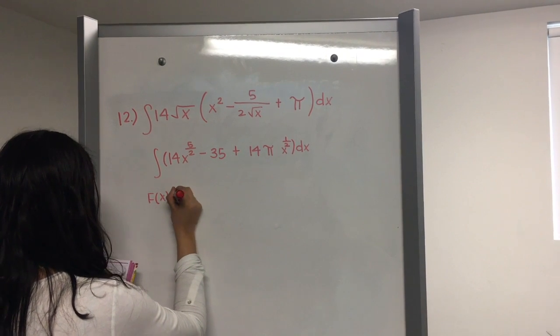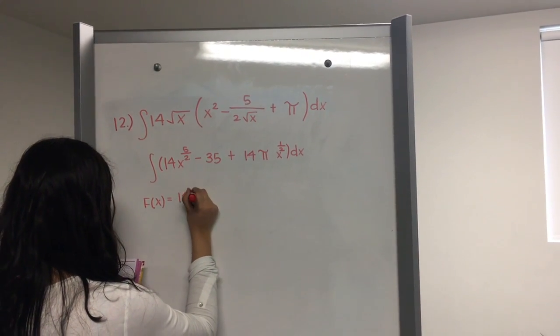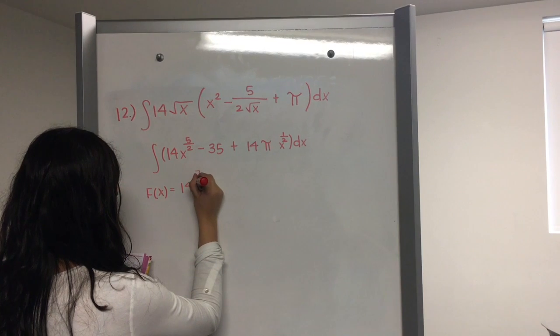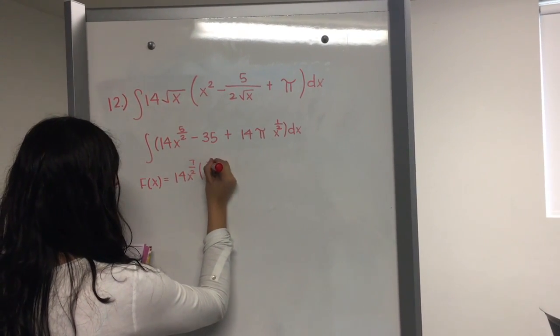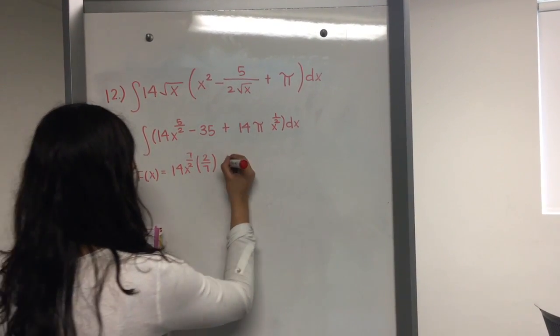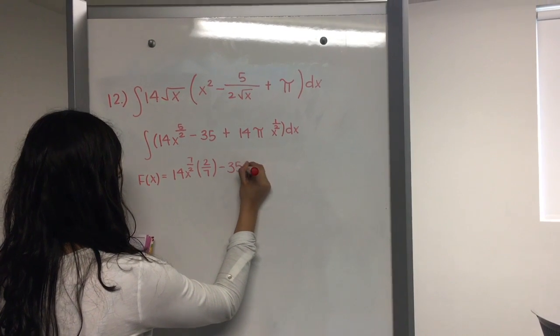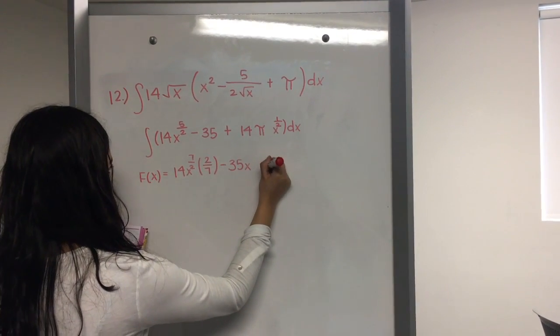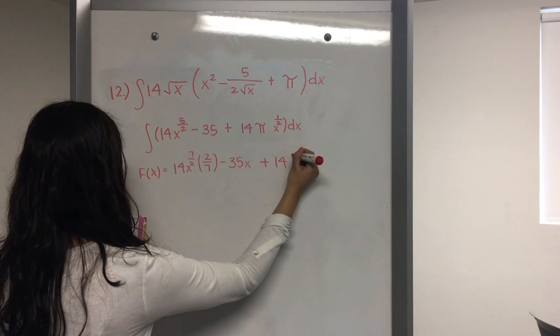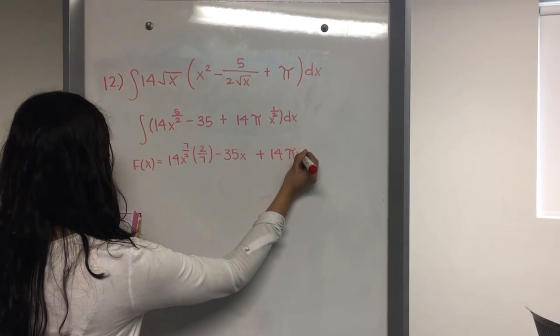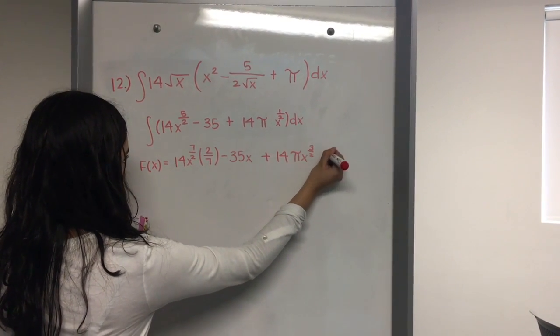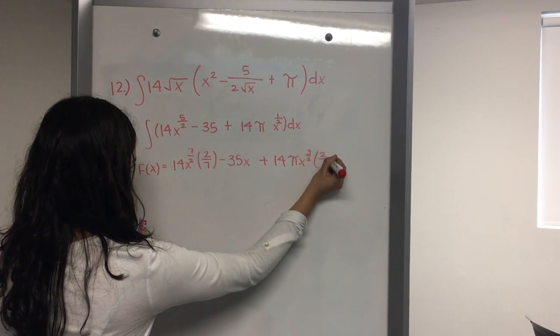So f of x is 14x to 7 over 2 multiplied by 2 sevenths, minus 35x plus 14 pi x to the 3 over 2 multiplied by 2/3.